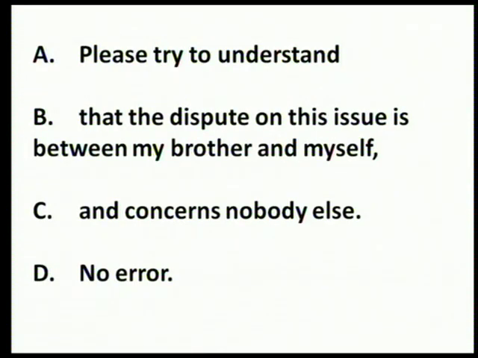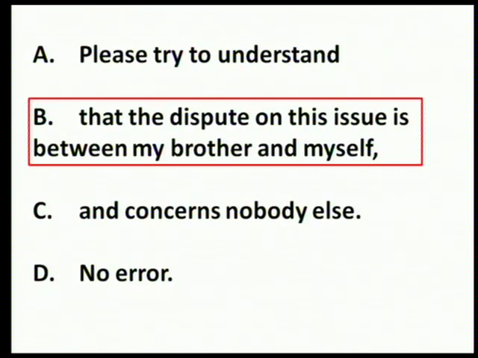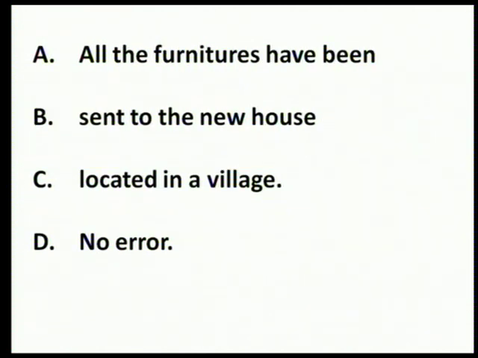So when I have a sentence which is B, the dispute on this issue is between my brother and myself, that is wrong. It should be: please try to understand the dispute on this issue is between my brother and I and concerns nobody else. Hence, B is the sentence stem where there is a mistake.